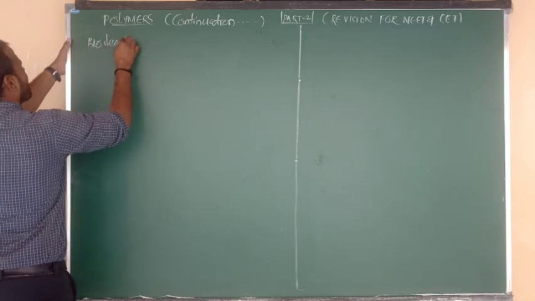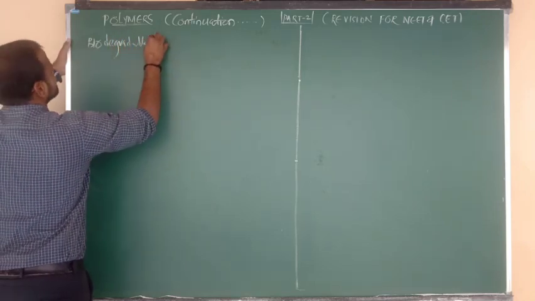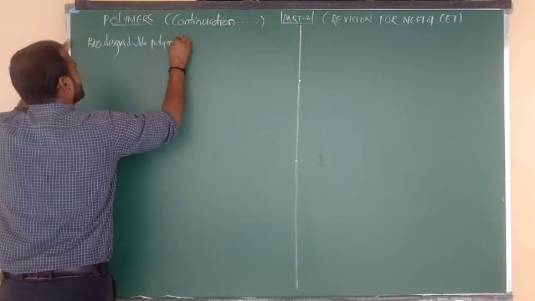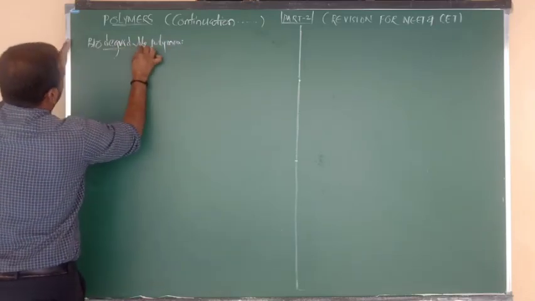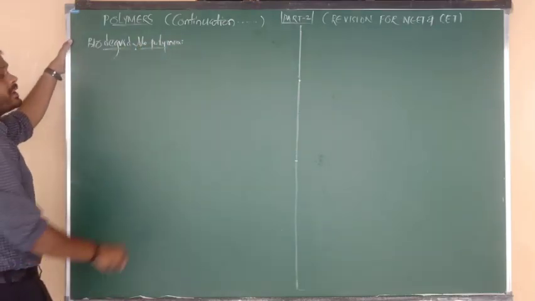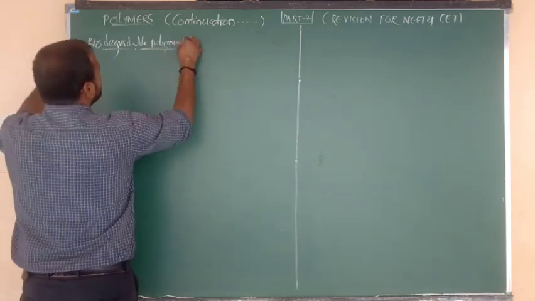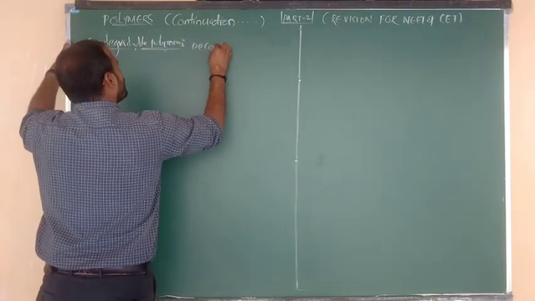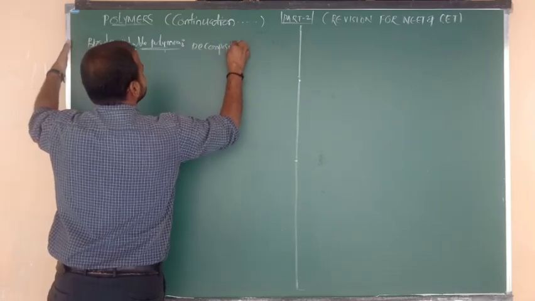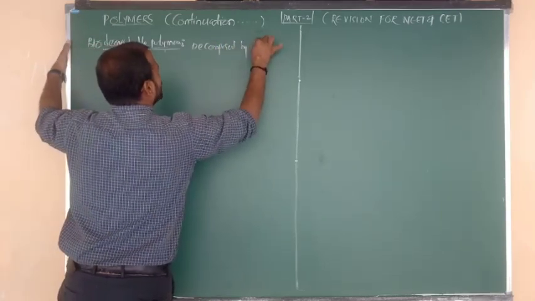Biodegradable polymers. Degradable means they undergo decomposition. So the polymers which are decomposed by microorganisms.